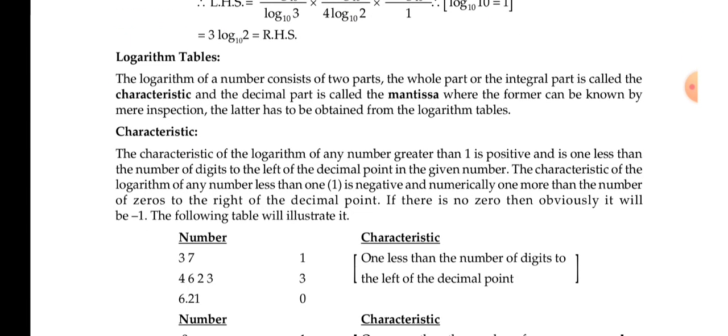Okay, so logarithmic tables. We are going to skip this part from the text and I'm going to teach you how you can calculate with the shortcut method, a calculator trick for calculating logs and anti-logs.